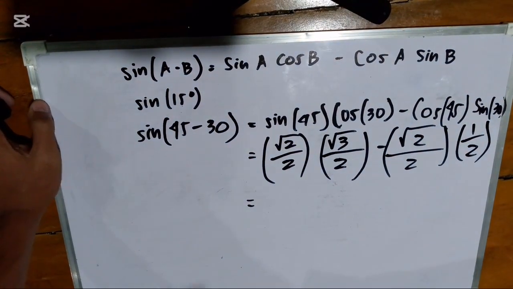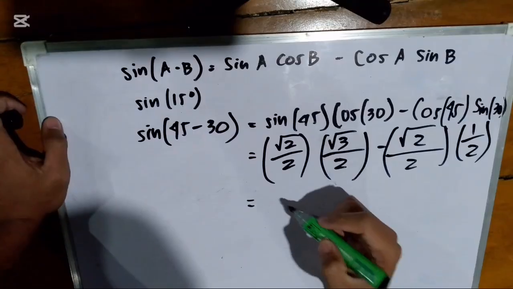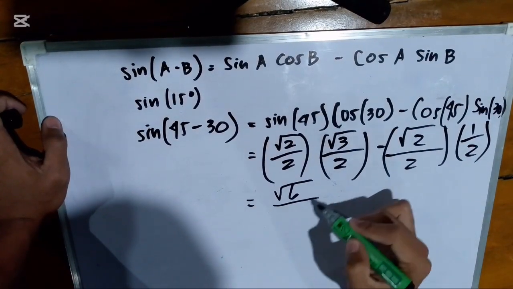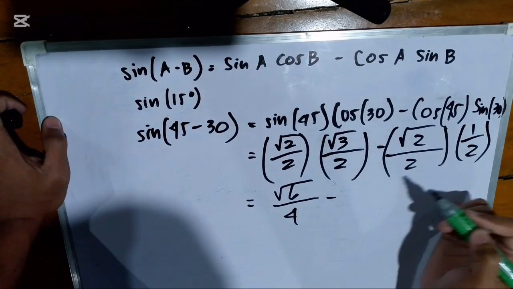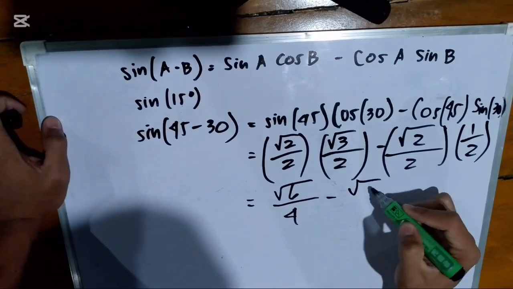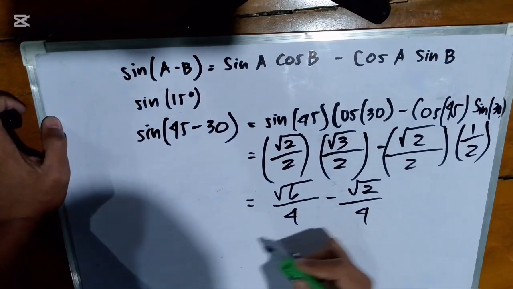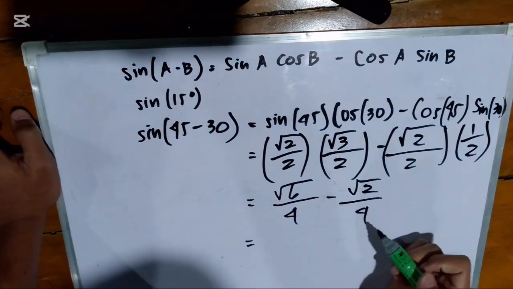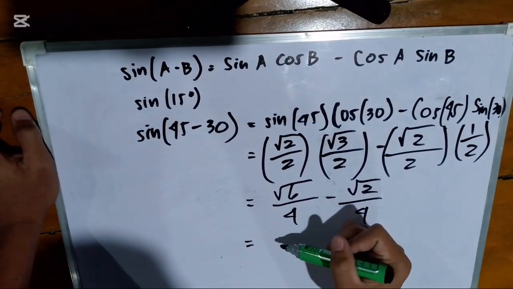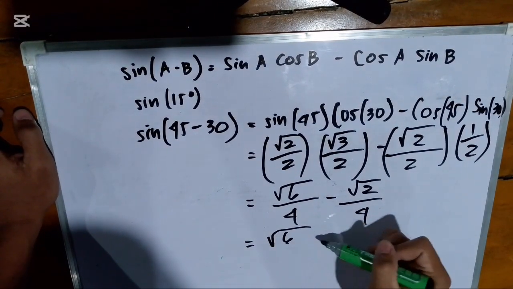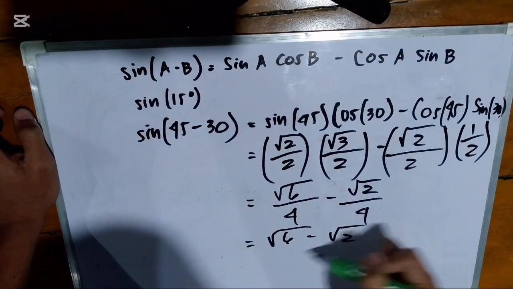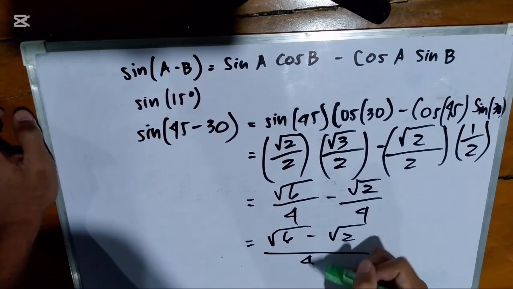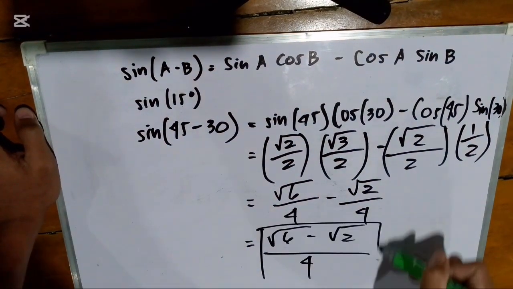Now let us continue multiplying. The answer will be root 6 over 4 minus root 2 over 4. And let us form this in one fraction. And this would be root 6 minus root 2 over 4. And this is the final answer.